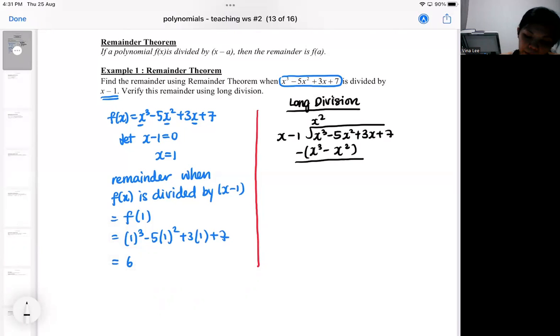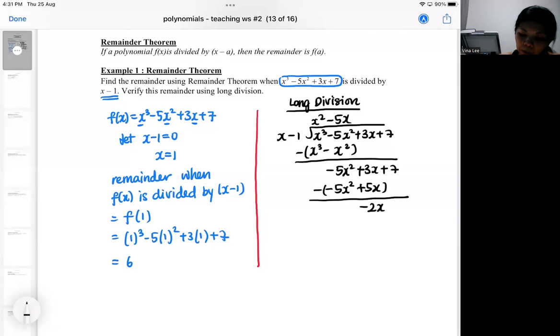If you look at the process, long division is also very subject to careless mistakes, and you also take more time, particularly if you are not a very fast worker. You find yourself spending a lot of time using long division to get the remainder.